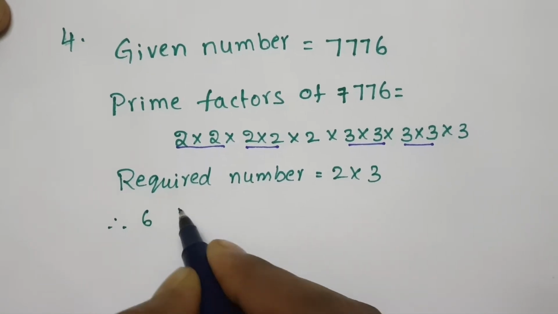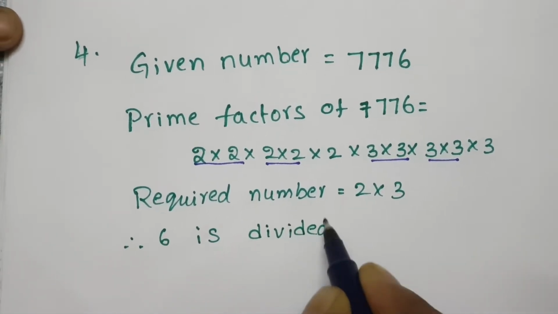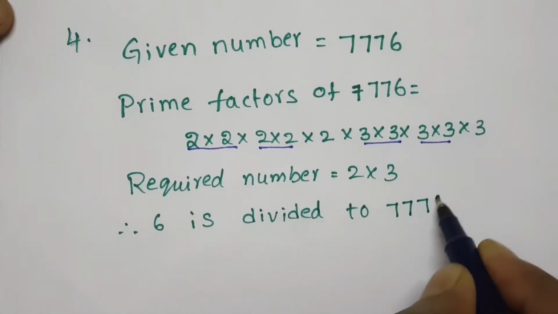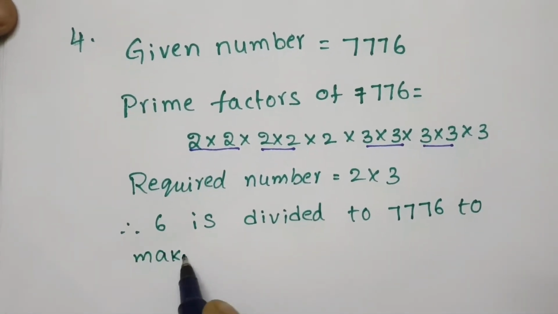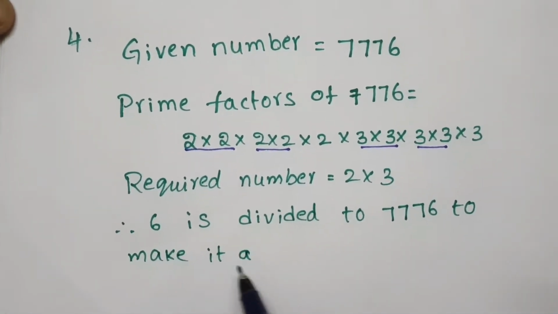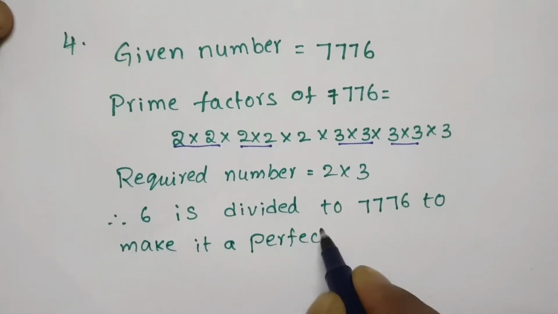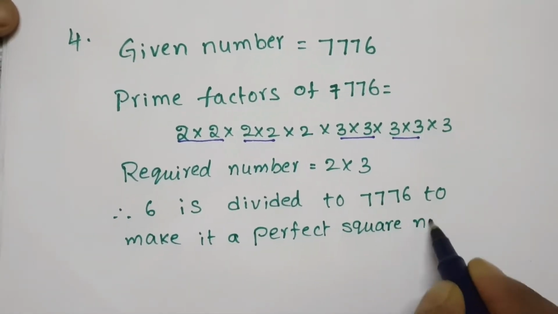Therefore, 6 is what they are asking to divide. 6 is divided to 7776 to make it a perfect square number.